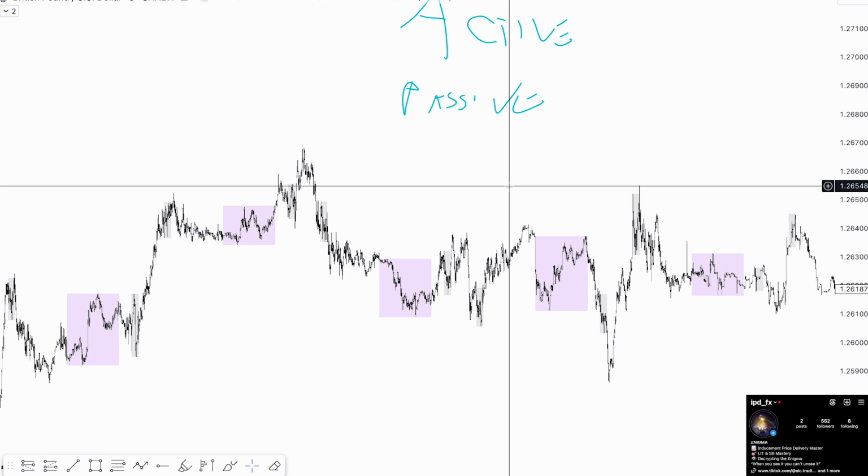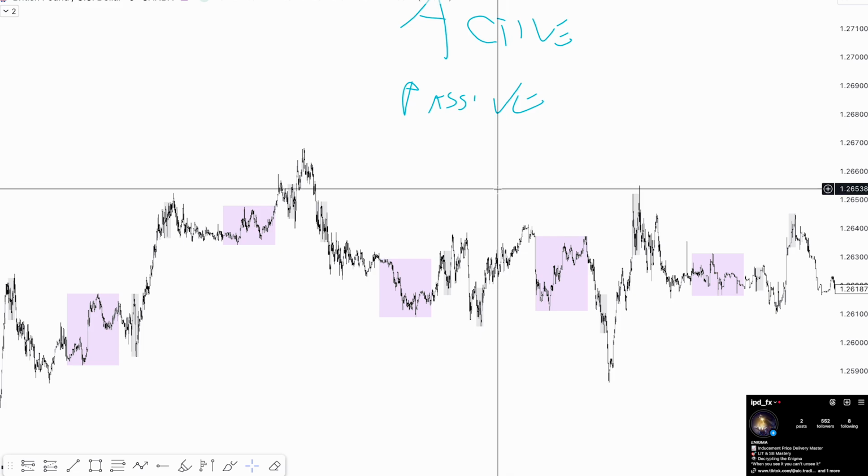Institutions are actually looking at limit orders, because they can see the limit orders but they cannot see the stops. As I told you, the stop loss hunt is just a consequence of the limit orders.